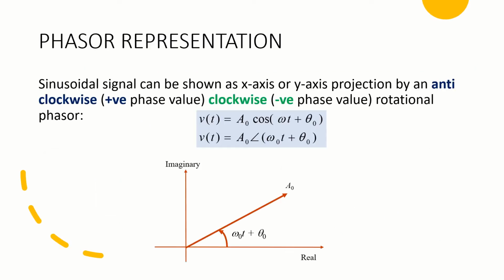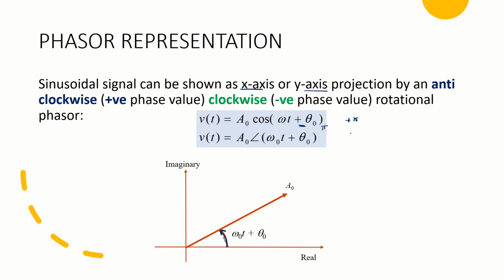So now let's look into the phasor representation. The phasor of a sinusoidal signal can be shown as an x-axis or y-axis projection, rotating anti-clockwise for a positive phase value. For example, if you have a positive phase value of pi, you start from your x-axis and go anti-clockwise.